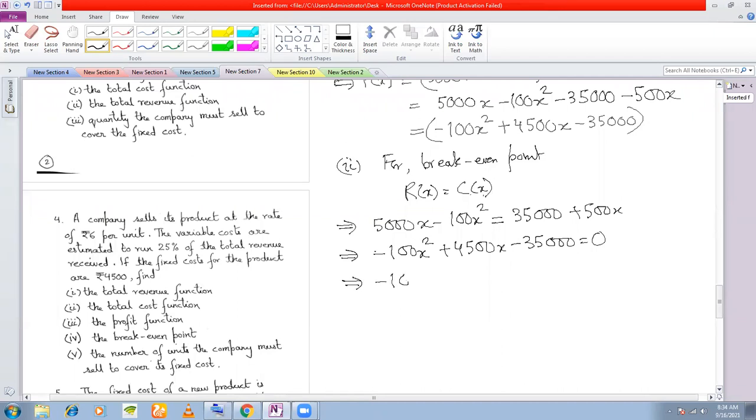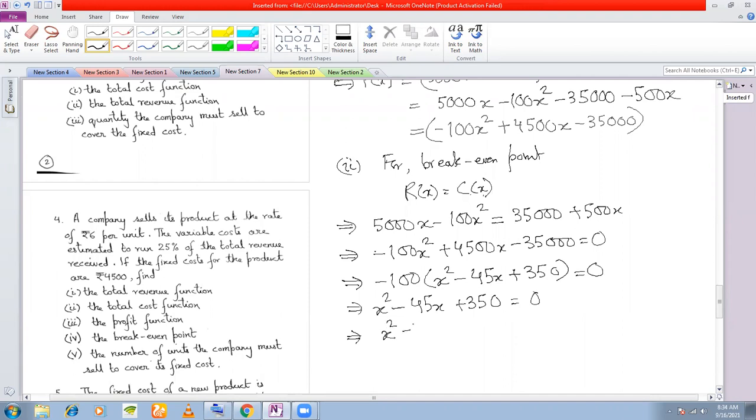You take minus 100 common, you'll get x square minus 45x plus 350 is equal to 0. Now you can factorize this.